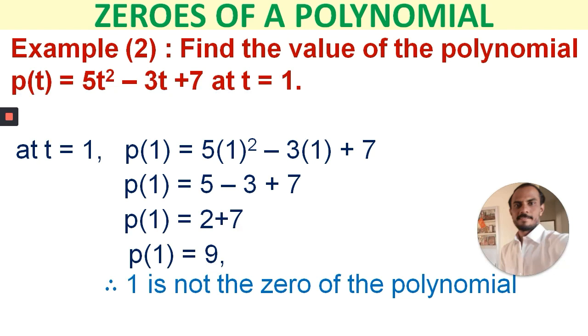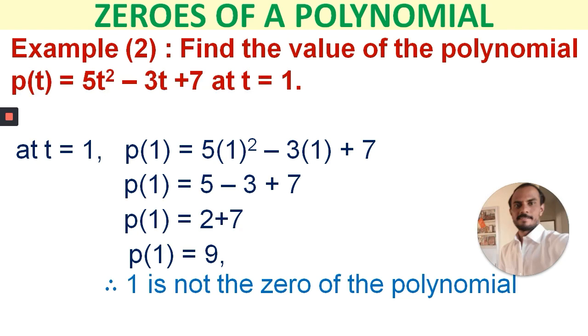If it came 0, then we come to the conclusion the given constant is a 0 of the polynomial. If 0 did not come, that is some other specific value, we should say that it is not the 0 of the polynomial. Okay, I hope you understood this one, students.